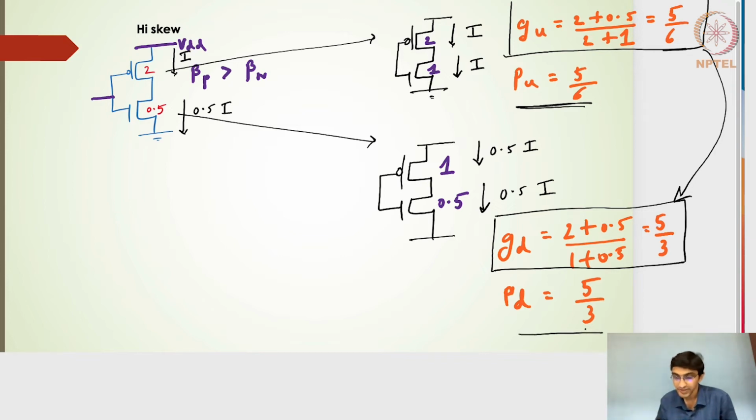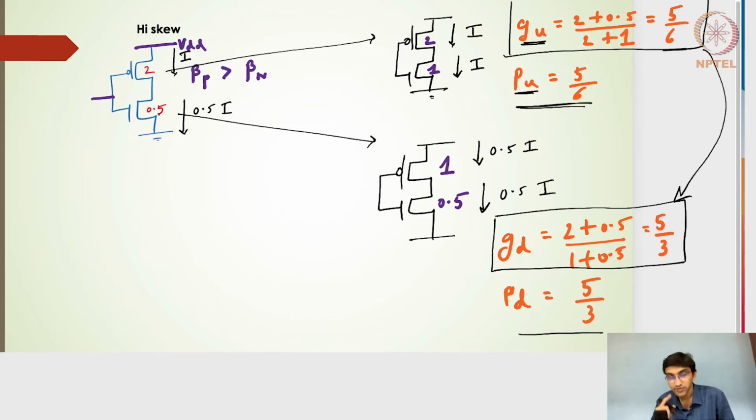Right, so with a higher skew, that means the PMOS is more dominant. It is likely that the output will be pulled up, and that's the reason we will have a lower logical effort and a lower normalized parasitic delay factor. So a higher skew will always be associated with a lower value of GU and a lower value of PU.